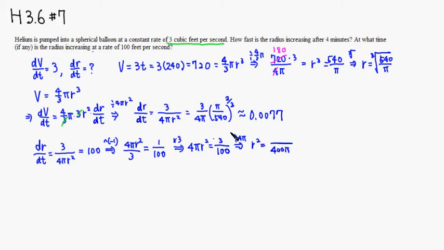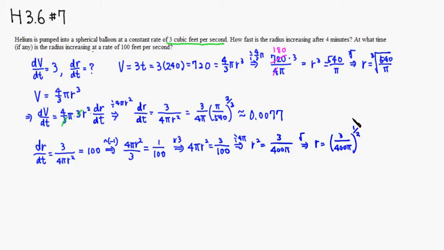Then we can take the square root of both sides, so r would be 3 over 400 pi to the 1/2 power.